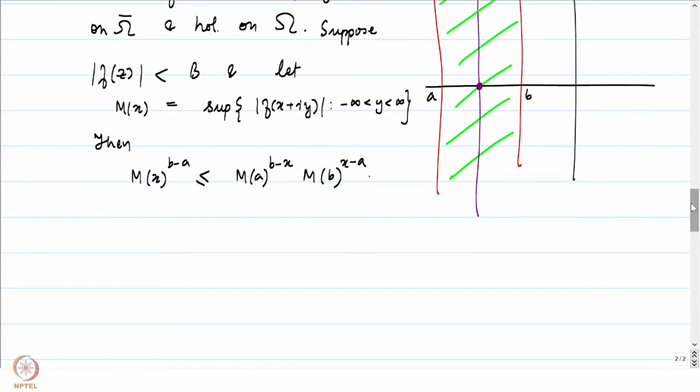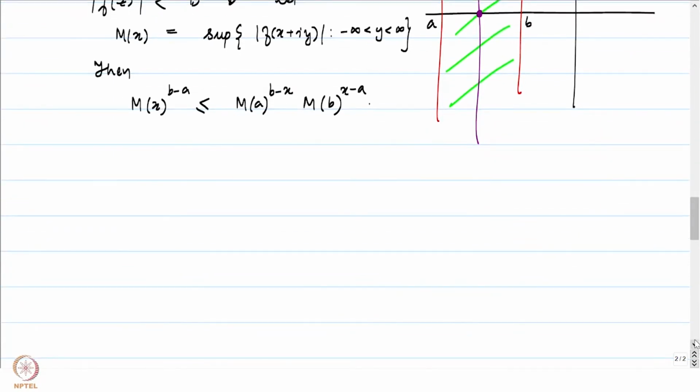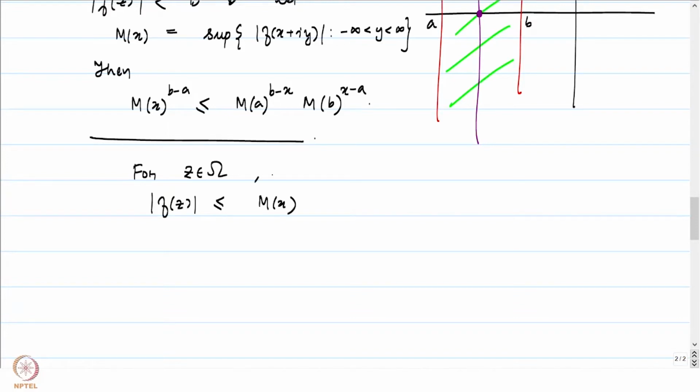So my first observation here would be to point out to you that this actually tells us that the absolute value of f of z is bounded by the supremum on the boundary. Let's see why that is the case. This is the statement of the theorem that we just discussed. For z in omega, the absolute value of f of z is going to be less than or equal to M of x, where our z is x plus iy.